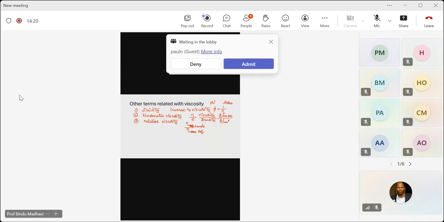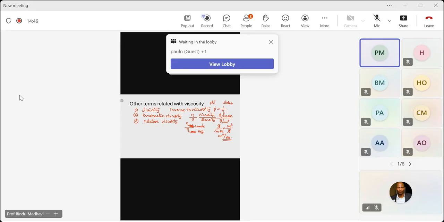Yes. So now when you cancel the terms, centimeter second multiplied by centimeter cube over gram, these two get cancelled. So now we have centimeter square over second. So these are the units for the kinematic viscosity.